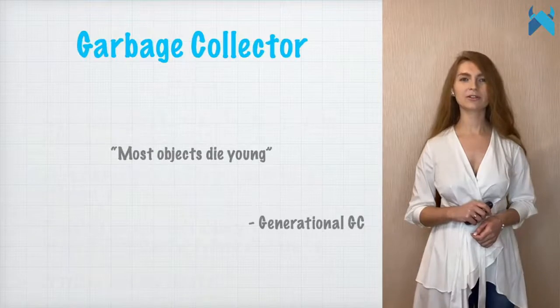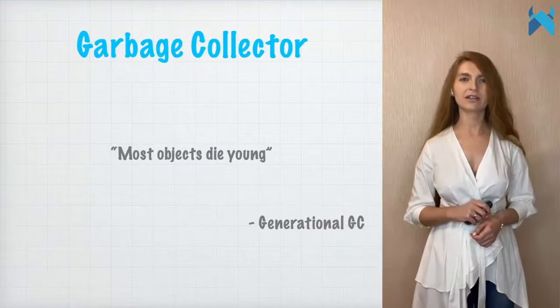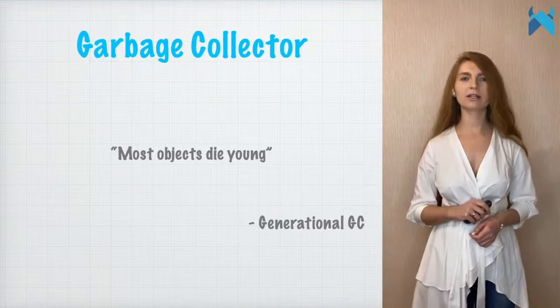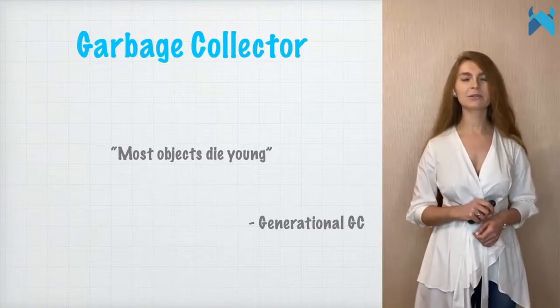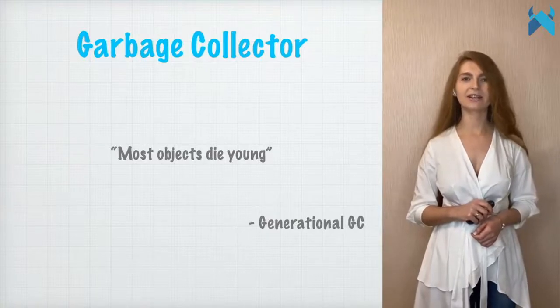Like most modern languages, Dart has a generational GC, which is based on the empirical observation that the most recently created objects are also those most likely to become unreachable quickly. So all new objects are allocated together in one group, one generation.